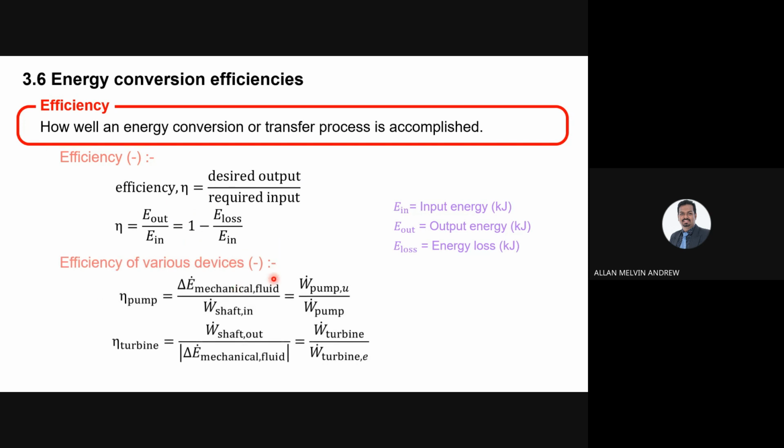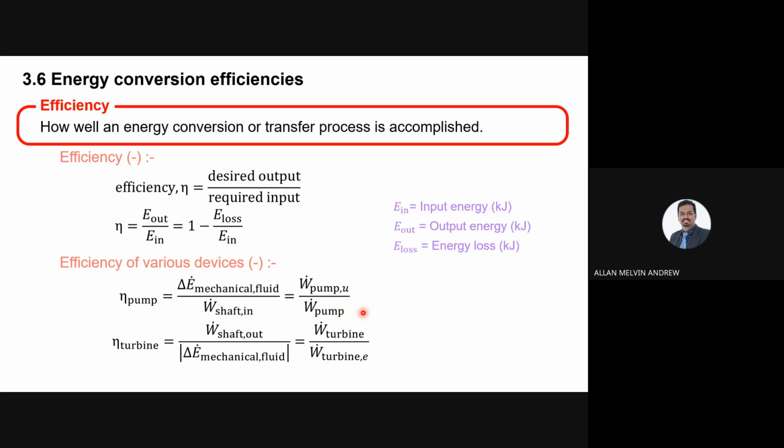Various devices have various formulas. Let's say the question mentions a pump. Then you can use these two formulas: the change in mechanical energy of the fluid over W shaft equals W pump of the system divided by W pump in the environment.